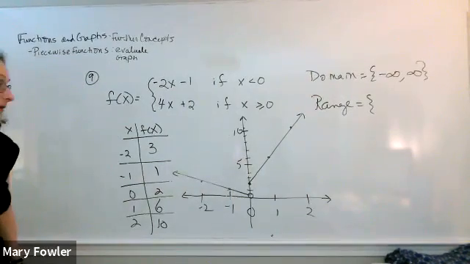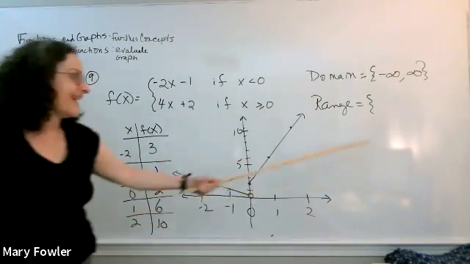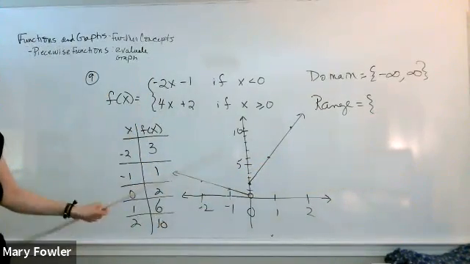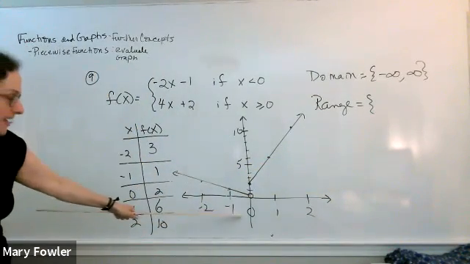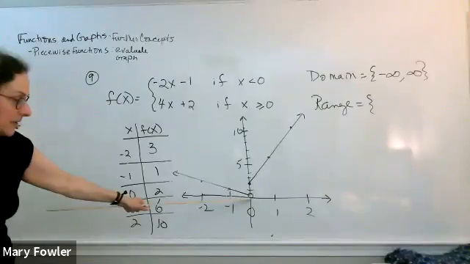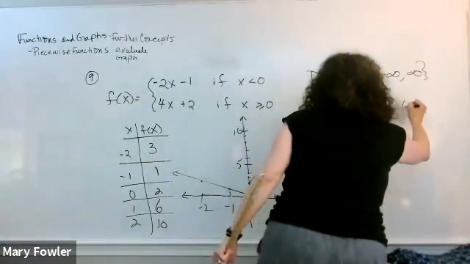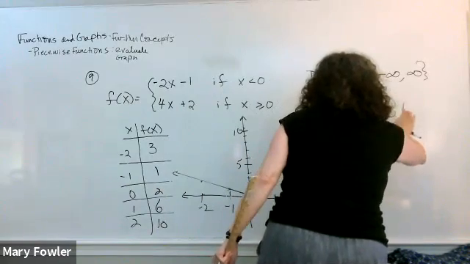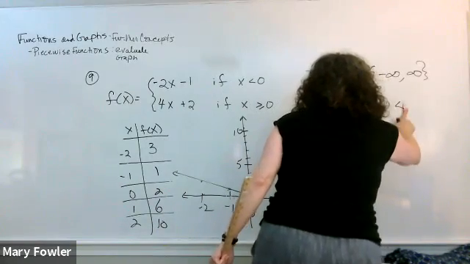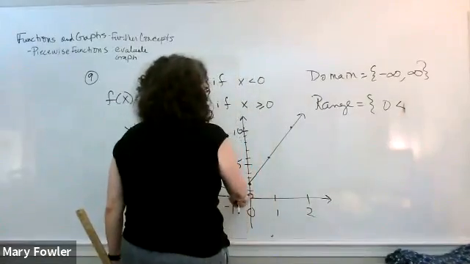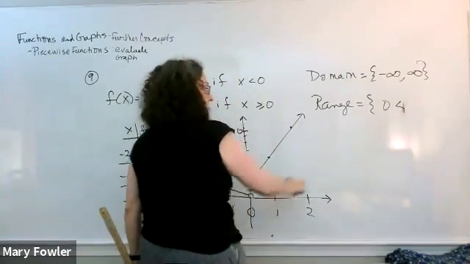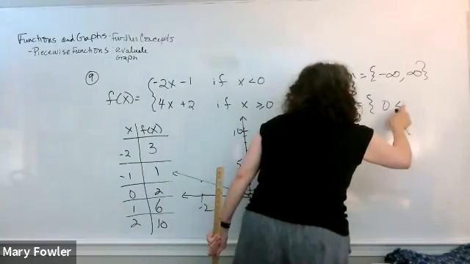Okay, might as well answer the range question now, right? So all values that this takes on: it does not take on 0 or any values less than 0, so I'm not using a less than or equal to sign.